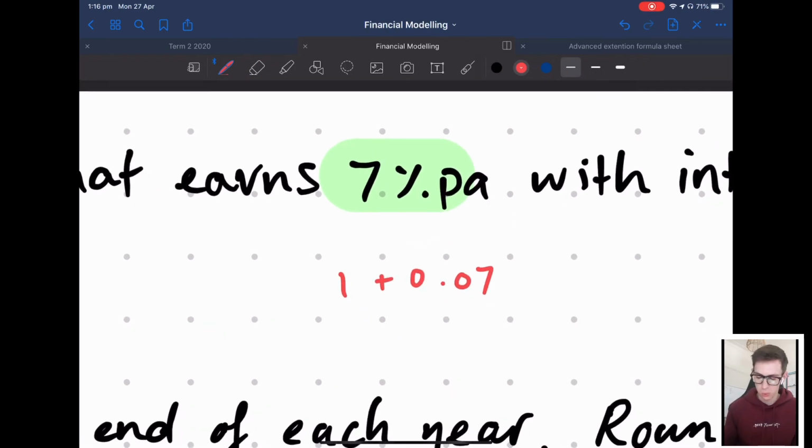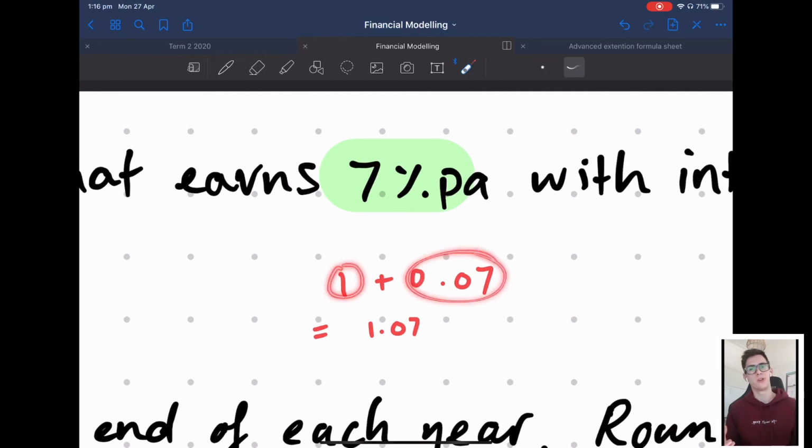So the actual amount that I'm multiplying by at the end of each year is the amount that I've got plus the interest rate as a decimal, so 1.07. And that is going to be my ratio.